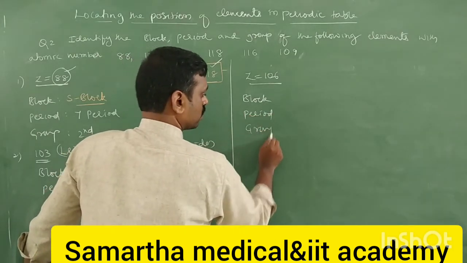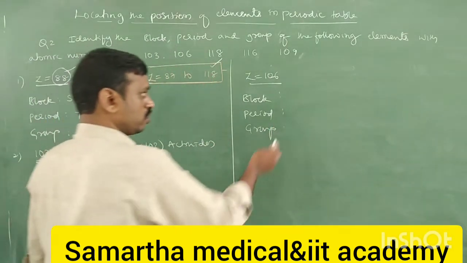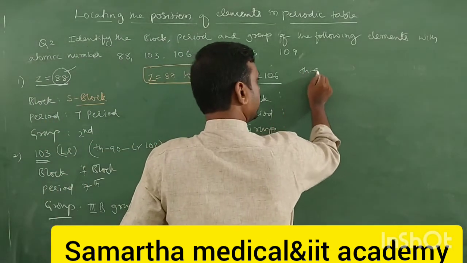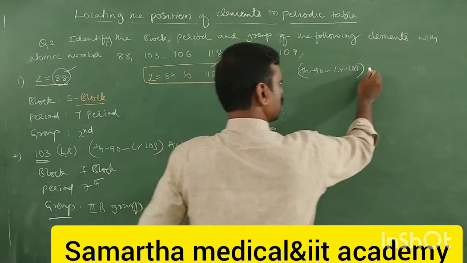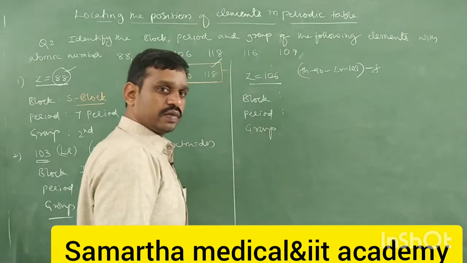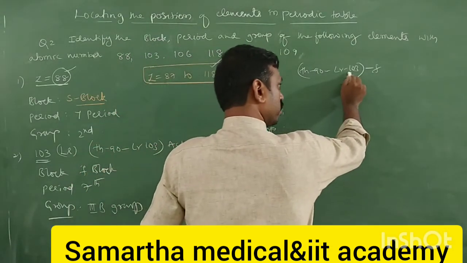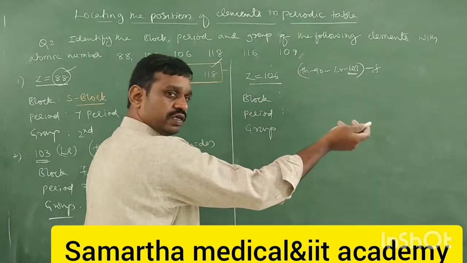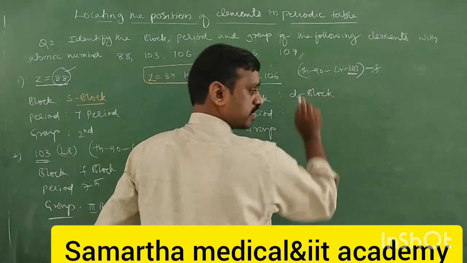How? Yes, we know that thorium 92 and Lawrencium 103 are the f block only, no? Right? Then the elements after 103 must be D block. So therefore it is a D block element.